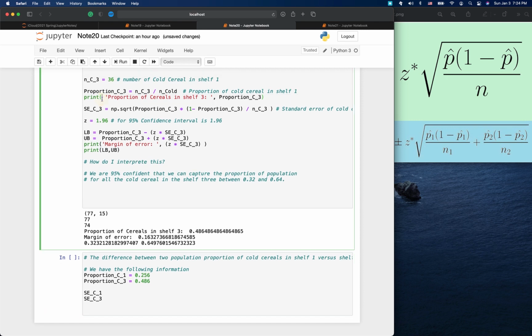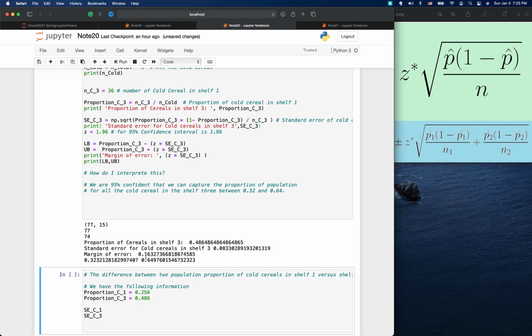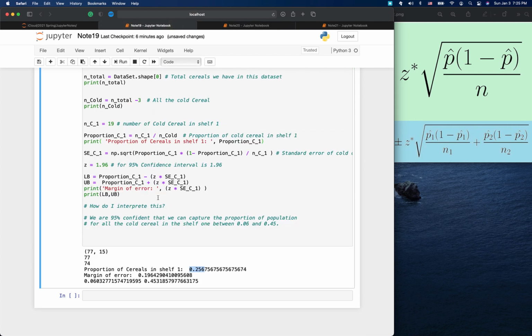And then now let's print a standard error in shelf 3. So what is that? 0.083, right? And then I'm going to go back.